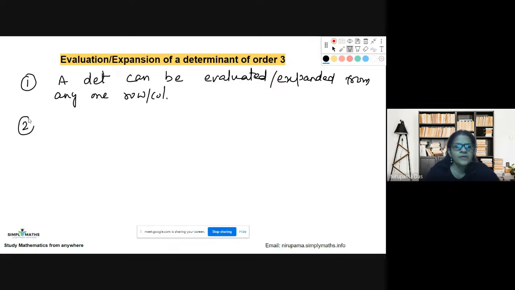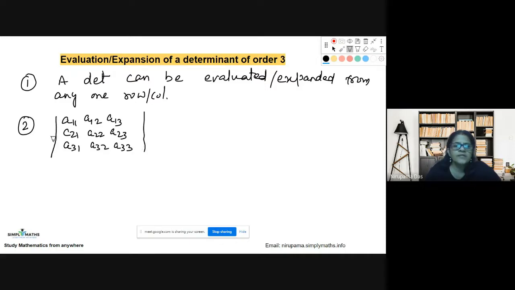Second rule is, suppose whichever row or whichever column you want to take. For example, you want to take first row. Okay, suppose I write here A11, A12, A13, A21, A22, A23, A31, A32, A33. I want to expand this.